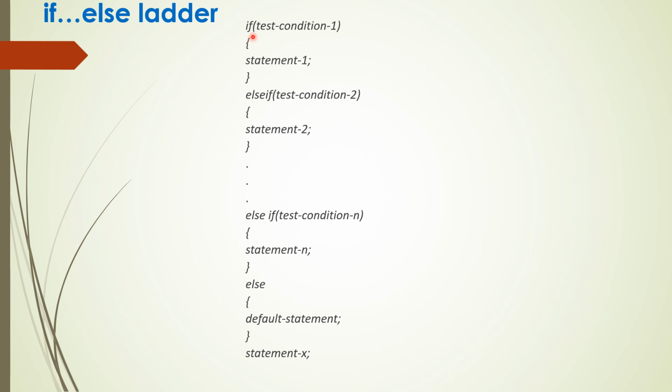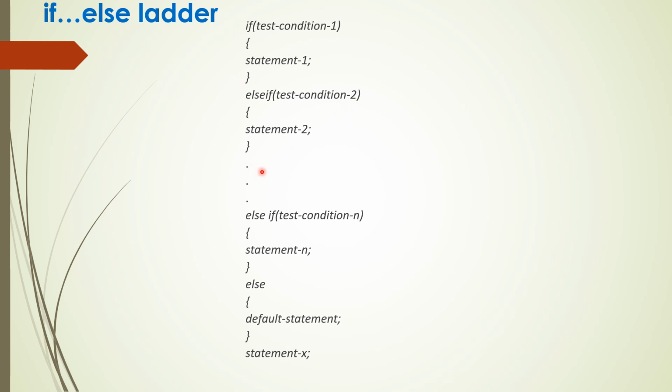So I have first if test condition 1. If condition 1 is true, statement 1, or whatever I have in this block, will be executed. If test condition 1 fails, it will go to the next one. It is else if, which checks condition 2, and if condition 2 is true, then it executes this.